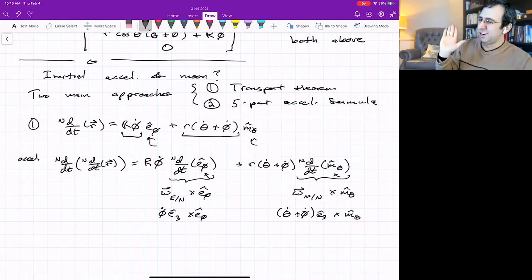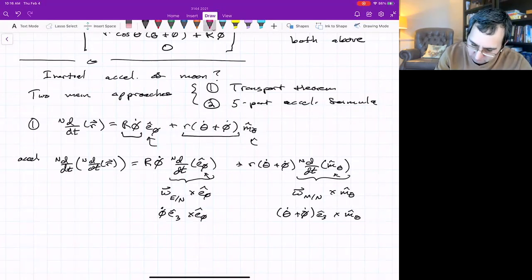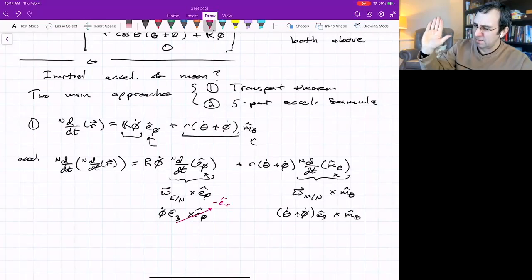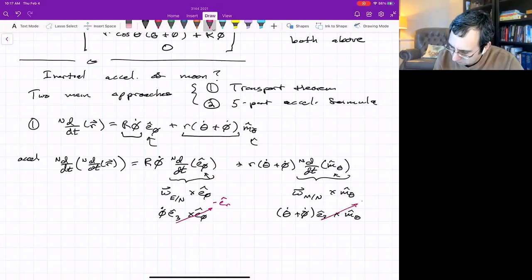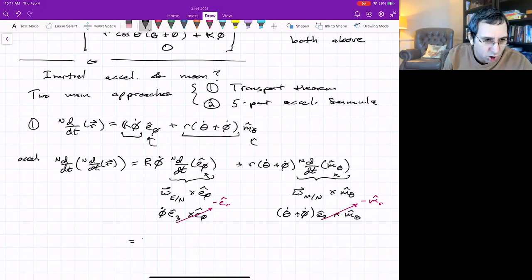What is E3 cross E phi? My thumb's pointing in the negative ER direction. So let's just say negative ER. And something similar is going to happen here. E3 cross m theta, thumb pointing in negative MR. Okay, so if I just drop down here, there'll be a negative, and I picked up a phi.